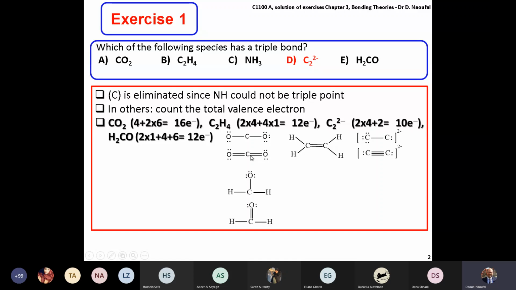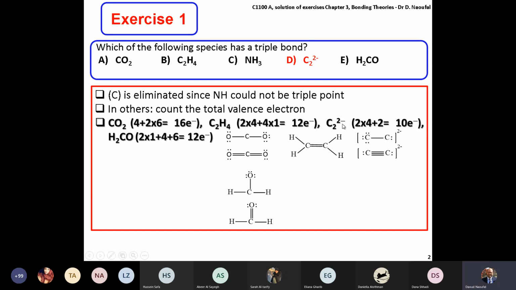So we have 2 possible structures: O triple bond C single bond O, or O double bond C double bond O. We have to choose the best by using the formal charges. This is the best. For C2H4, we obtain the structure.